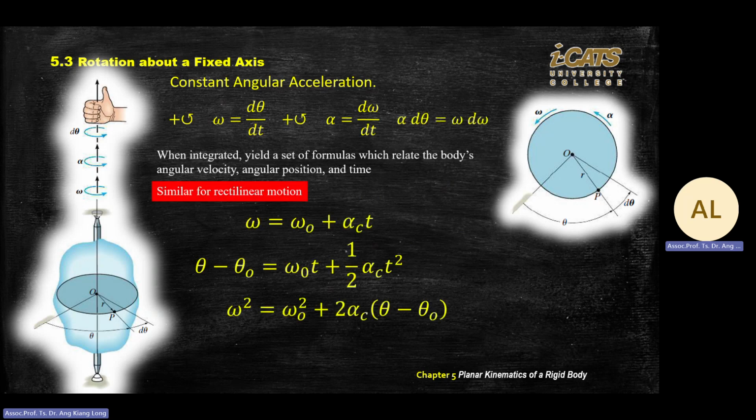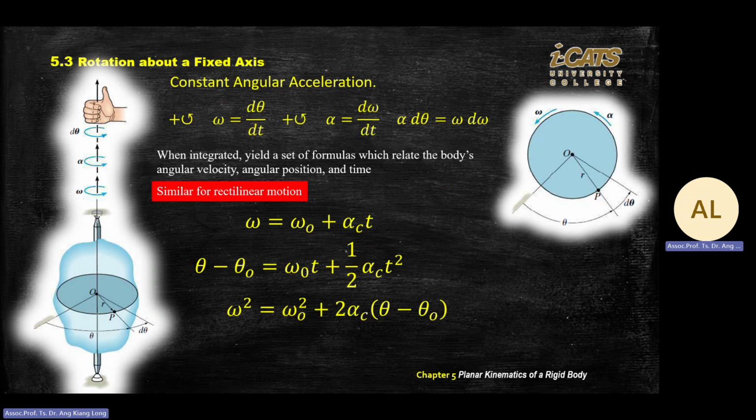So you can derive the same as what you see in chapter 1. You just replace V equal to VO plus AT, with omega and alpha. The second equation is also the same. S minus SO equal VOT plus half AT squared.